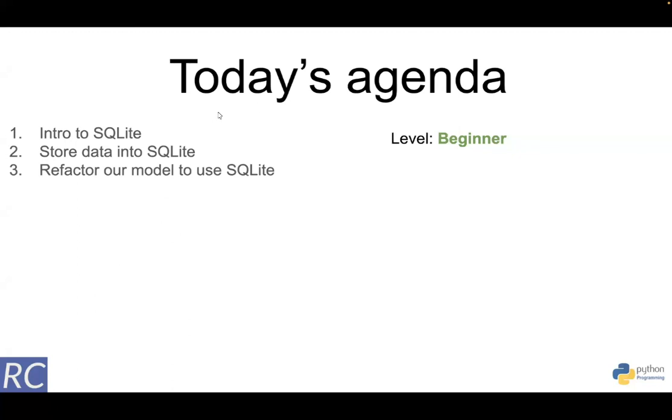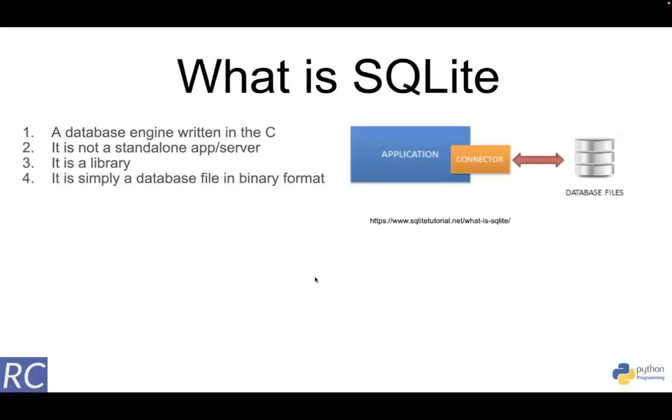It's an array of dictionaries, and we'll refactor our code to store the data in SQLite and use our model to connect to SQLite. So it's going to be more on the model side today, where we'll be dealing with data storage, creating tables, and so on. All right. So let's keep moving forward.